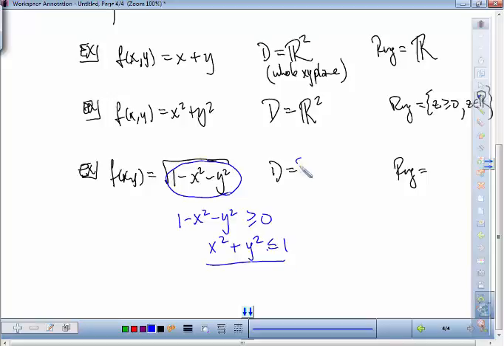So I can write that here as my ordered pair, x and y, such that x squared plus y squared is less than or equal to 1. Now that I have something a little bit more significant than just all real numbers, like in the previous two examples, now I have a two-dimensional figure that I can look at and say, hey, that's the domain. So maybe I can draw my domain.